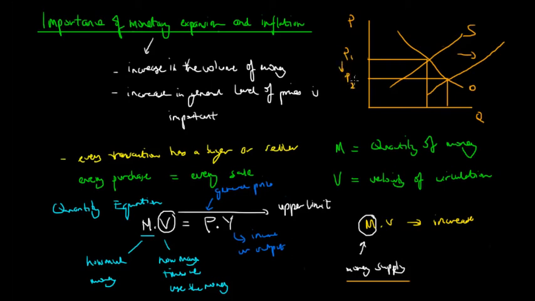And when the value of money decreases, this is what inflation tells us. It tells us that our purchasing power has decreased and that the overall level of prices in the economy has increased.